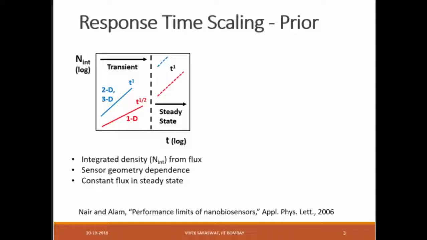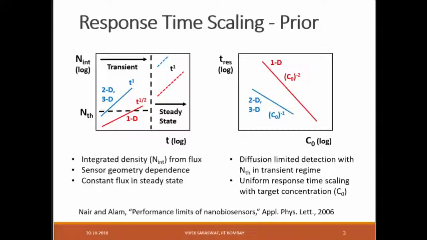Then for all sensors, you expect the same response, that is t to the power 1. So if it is diffusion limited sensing and your threshold lies somewhere here, where the detection happens in the transient case, then for different sensor geometries we know that the dependence on the ambient concentration follows different laws.